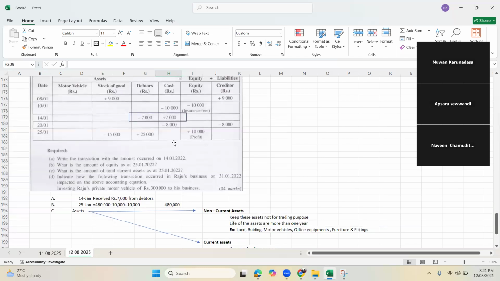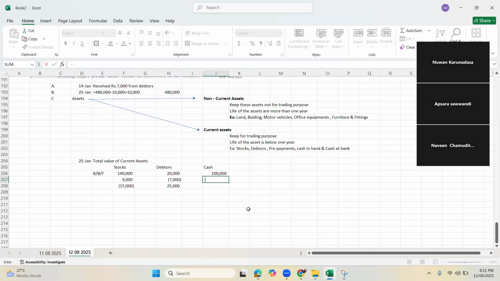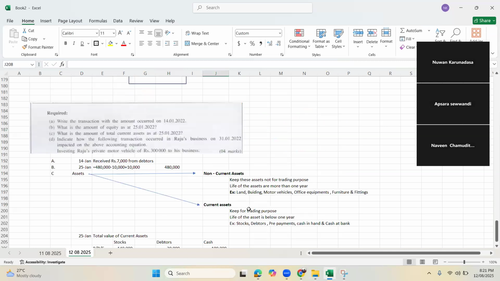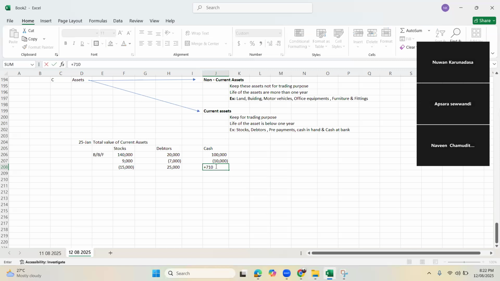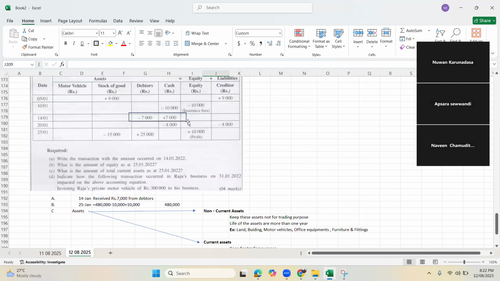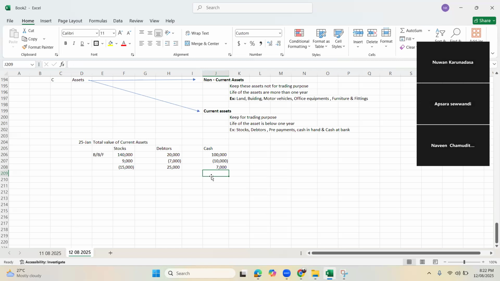Then cash decreased by 10,000, then increased by 7,000, then decreased by 8,000. Right. These are the transactions.